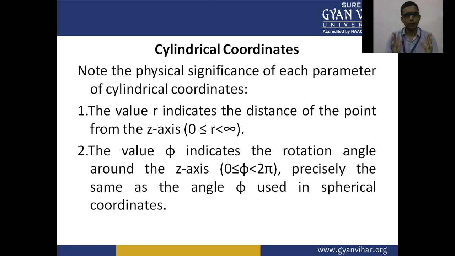The value of phi indicates the rotation angle around the z axis. The value of phi varies from 0 to 2 pi, precisely the same as the angle phi used in the spherical coordinate system.